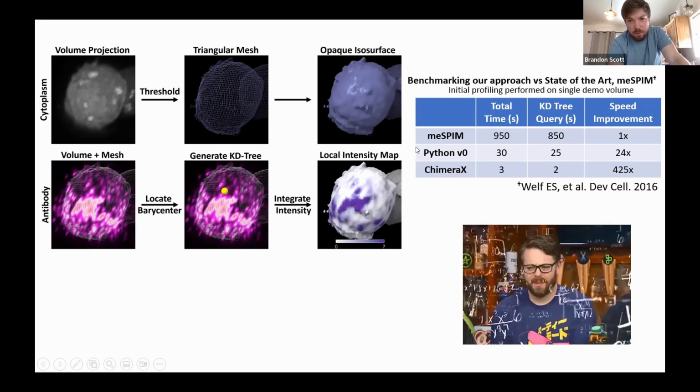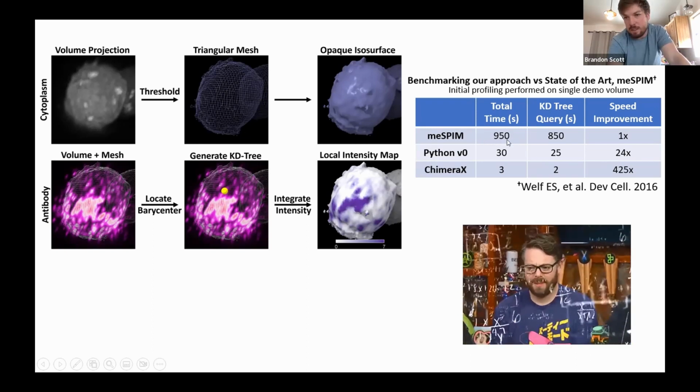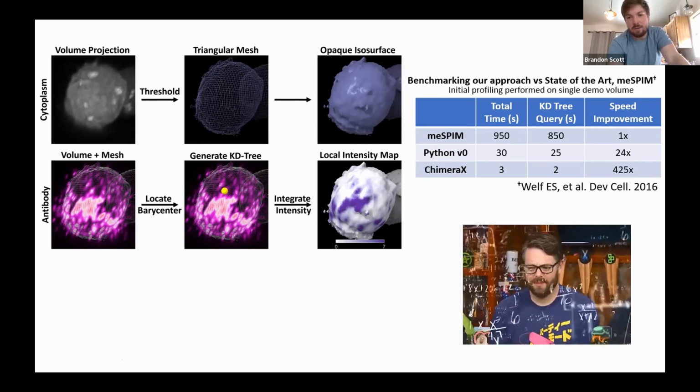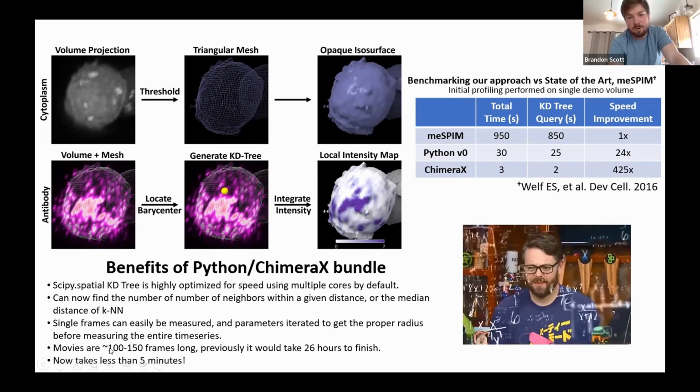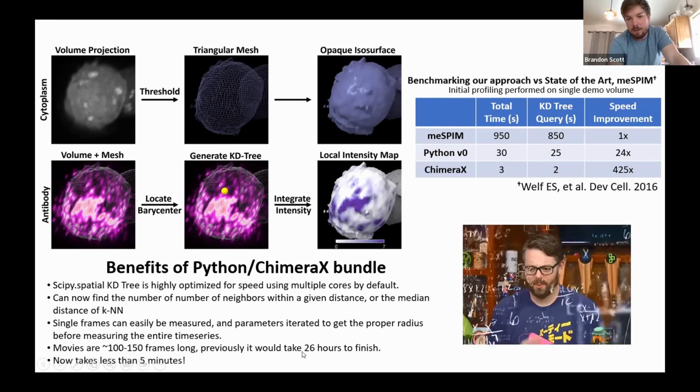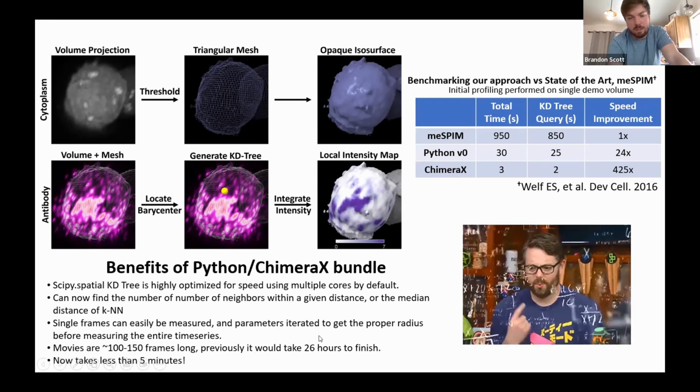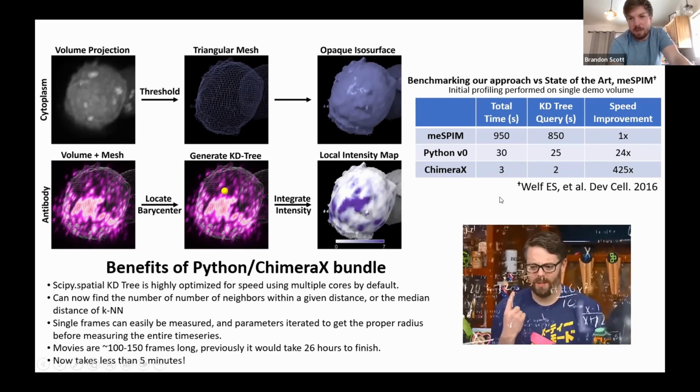And so if we look up here, for a single time point, the state of the art was really 950 seconds to do one time point. If you think about what it is for movies that are 100 to 150 frames long, that would take 26 hours for us to finish those data. Just the analysis of one movie would take a day. And so I spent quite a bit of time to figure out the bottlenecks here and eliminate almost all of them.